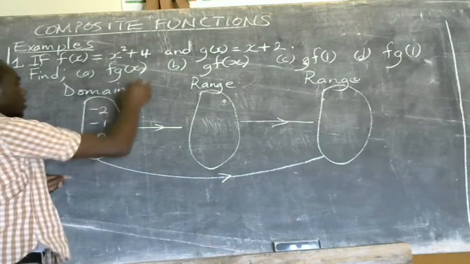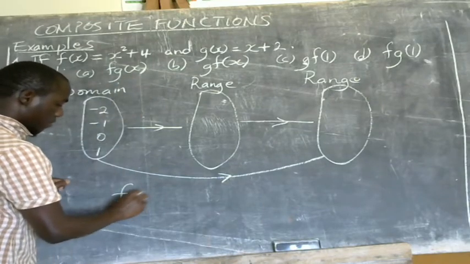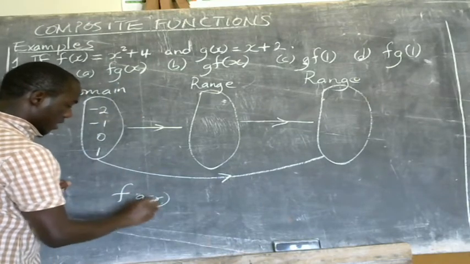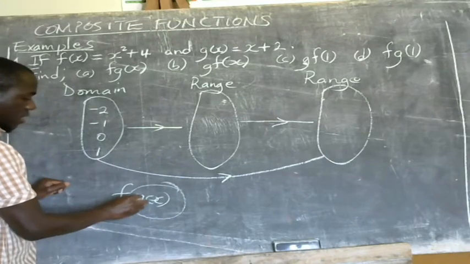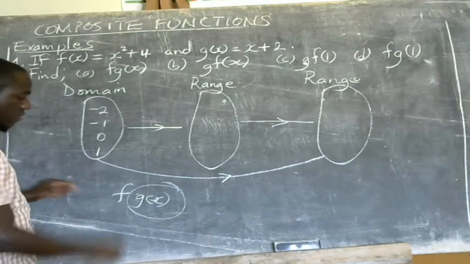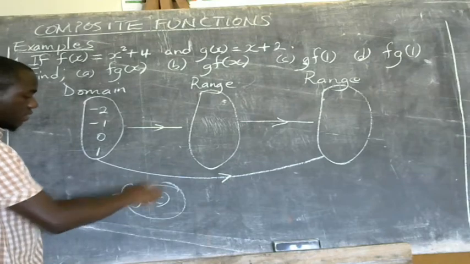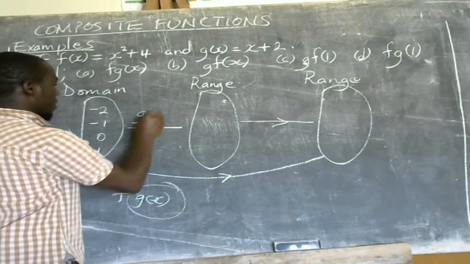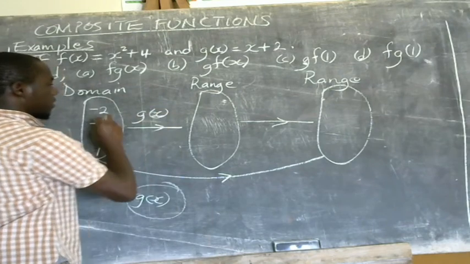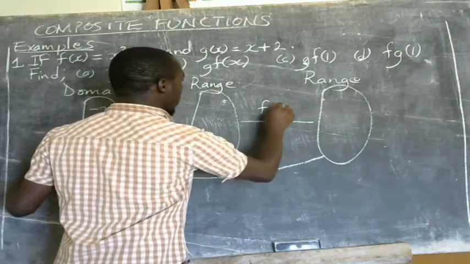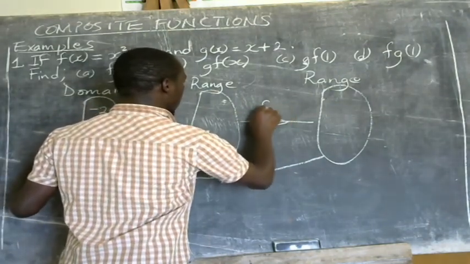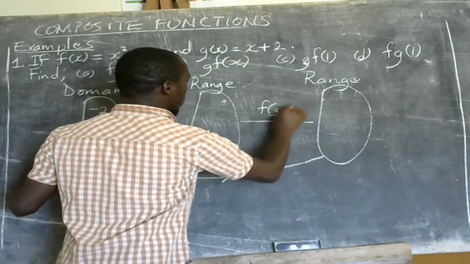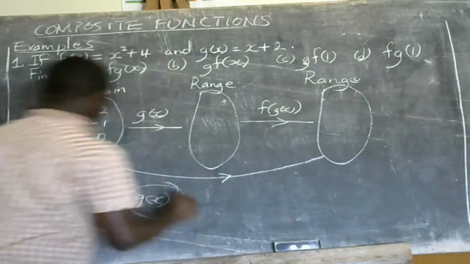This means that I first need to get the g of x, then from there I get f of g of x. So this one here is now my g of x, and then that one there is now my f of the g of x.